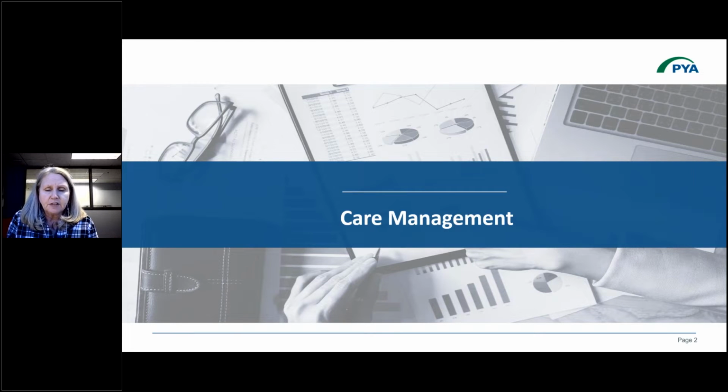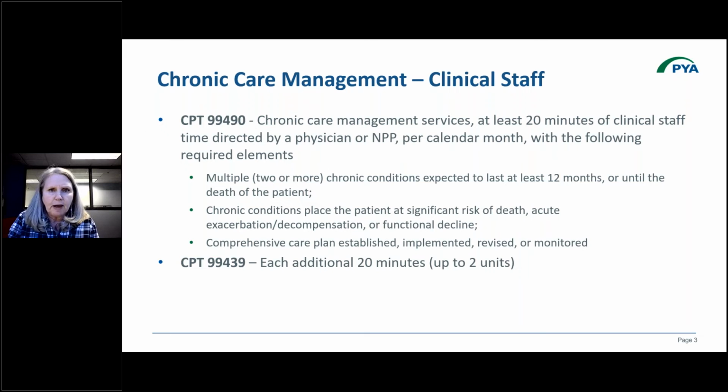And over the last decade, CMS has really grown this range of virtual services, in an attempt to reach out beyond the hospital and the physician clinic and meet patients where they are and help them better manage their conditions with the intention of reducing emergency room visits or inpatient admissions and really improving the overall health of the population. So we'll start with care management and walk through the types of services that are now reimbursable under the Medicare physician fee schedule, and then we'll address remote monitoring. So let's start with care management.